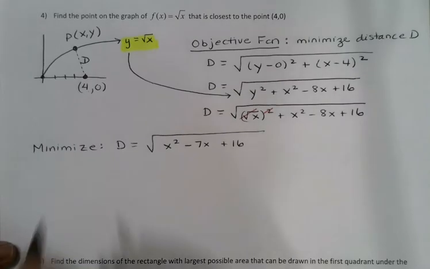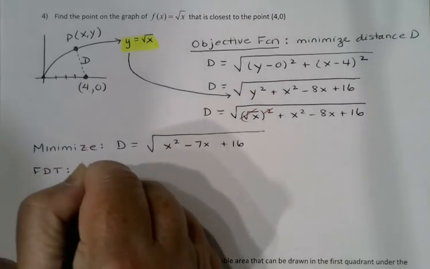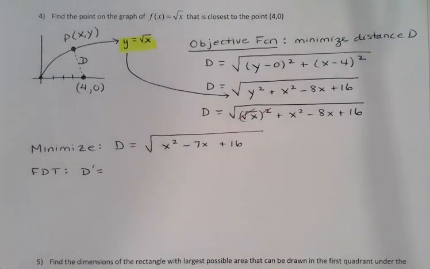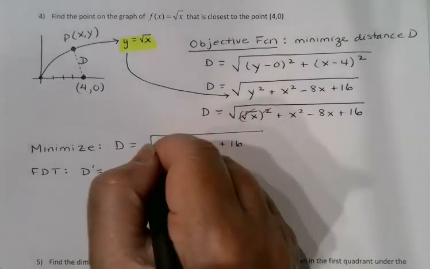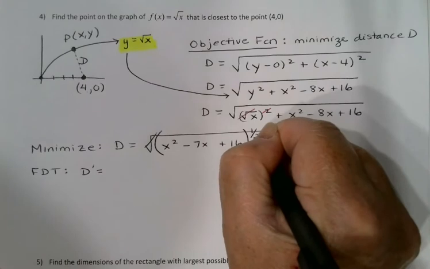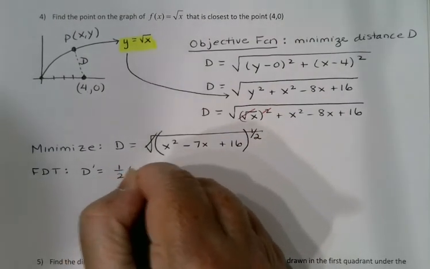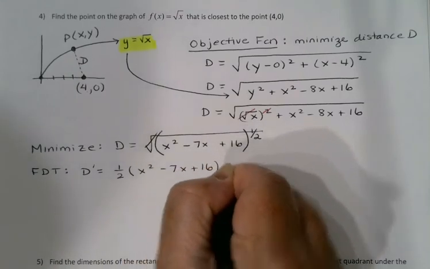All right. I'll do my first derivative test. So I need D prime. And I probably should have done this in the last step, but I'm going to sneak it in now. Instead of thinking about that as a square root, let's think about that instead as a 1/2 power. So I end up with 1/2 times x squared minus 7x plus 16 to the negative 1/2.